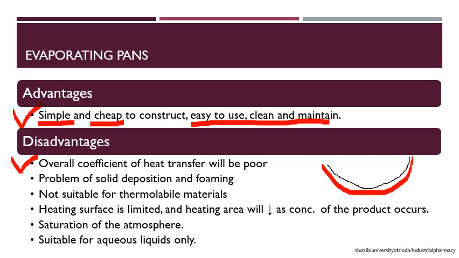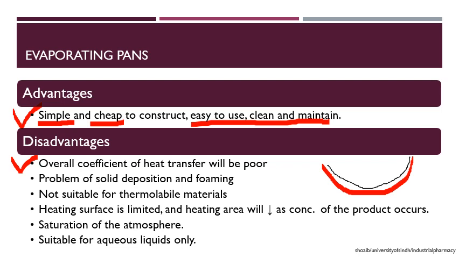When we discuss other types of evaporating equipment, you will see there is more and more exposure of the liquid to the heat, to the surface. Here, as the surface contact is less, there is a lower coefficient of heat transfer. And as these are pans, there will be layer formation, so there will be a lower coefficient of heat transfer.